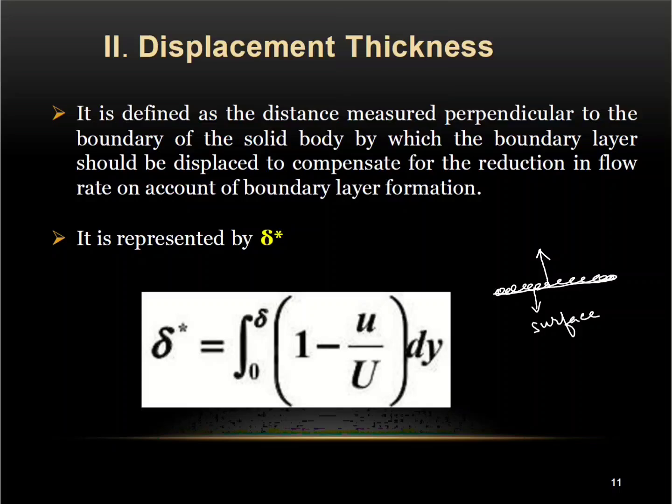So how much amount of boundary layer should I remove such that I can compensate this loss of discharge from inflow to outflow is called as our displacement thickness. So how much I should displace the boundary layer so that my loss of discharge is recovered is called as displacement thickness. It is denoted by delta star. The formula is integral 0 to delta of 1 minus u by U into dy.